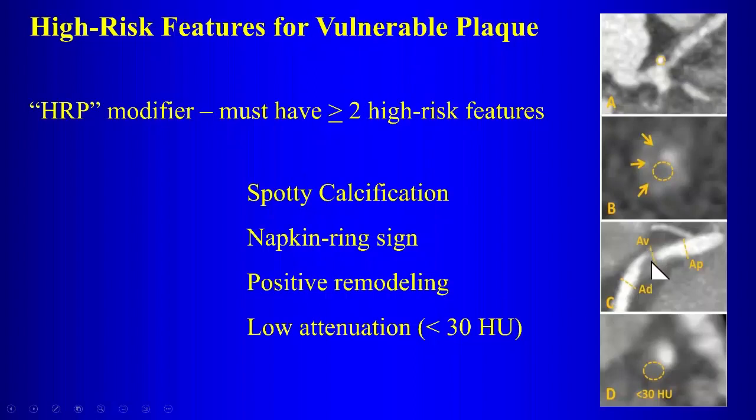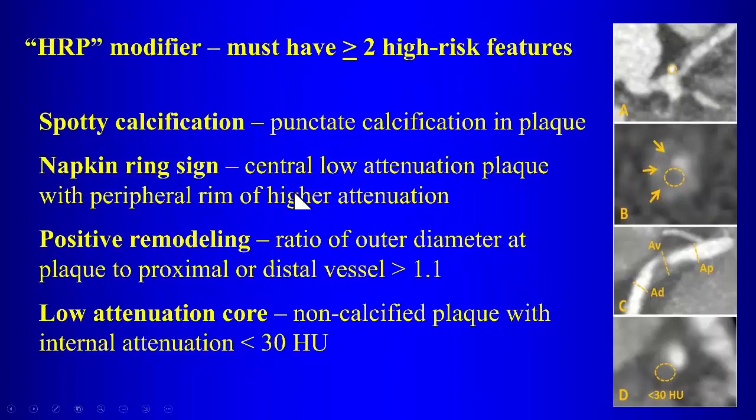Positive remodeling, meaning that if the vessel seems to dilate where you have the plaque, because the plaque is growing in the wall and causing the vessel to actually get bigger in diameter, and low attenuation, if it is less than 30 Hounsfield units of attenuation, if you measure it less than 30, those are all features of high-risk plaque, okay?